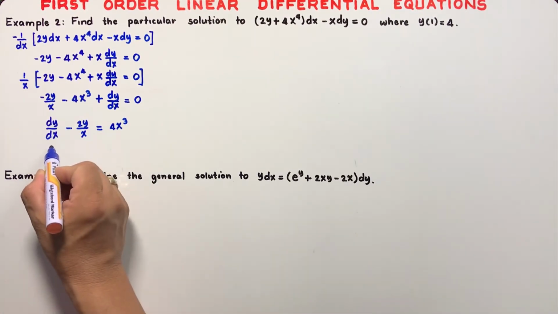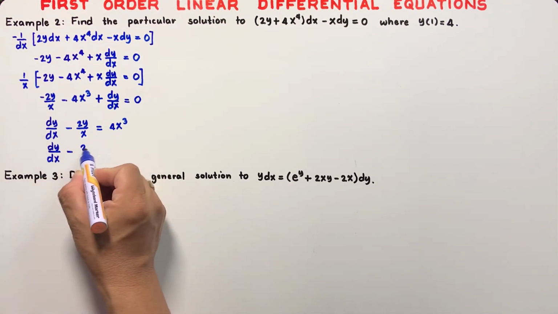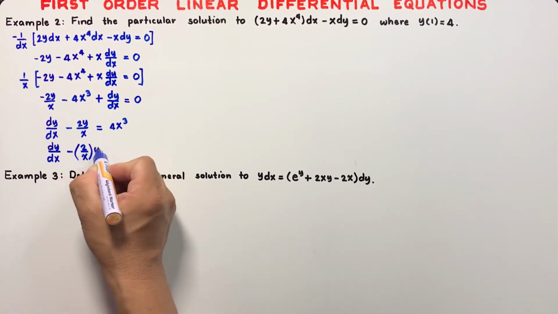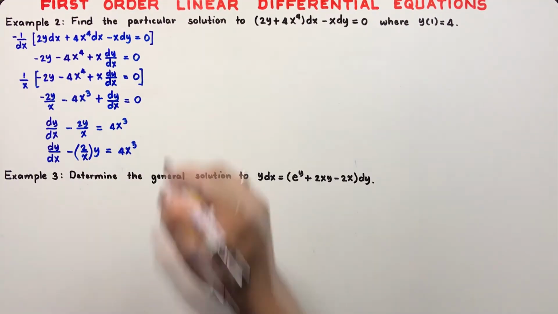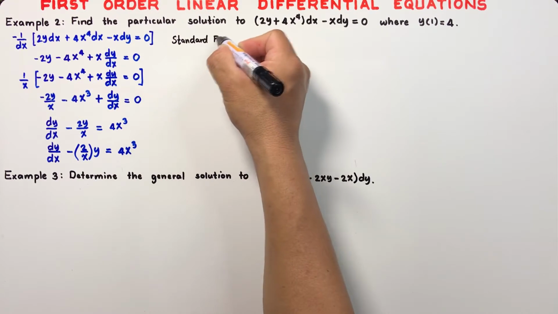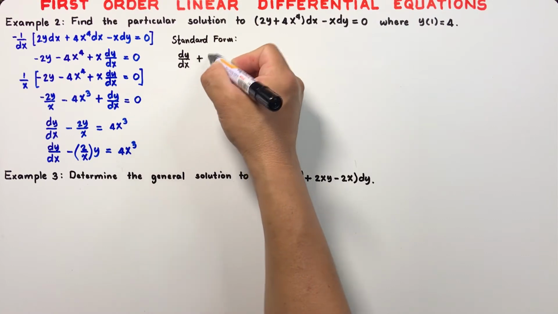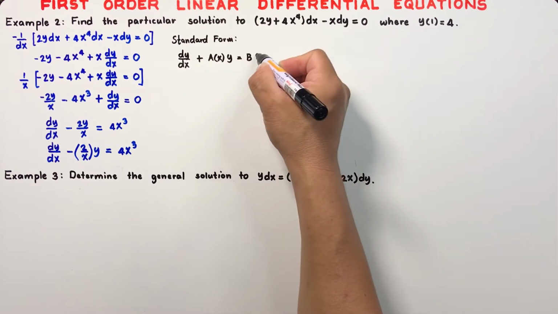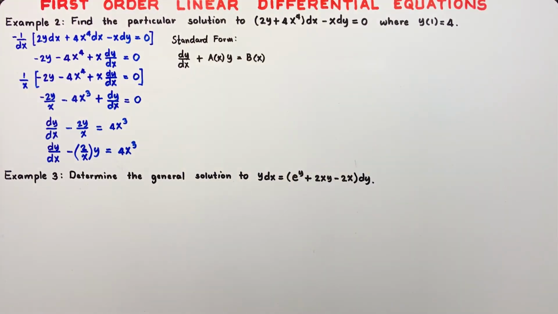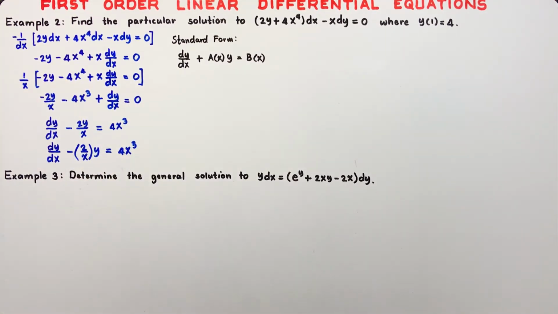And rewriting this one further as dy dx, we have minus 2 over x times y, which is equal to 4x cubed. Now, remember that our standard form is having a form of dy dx plus a of x times y, which is equal to b of x. So that is why I write this 4x cubed at the right, because that is the only term that is in terms of x without a factor of y.